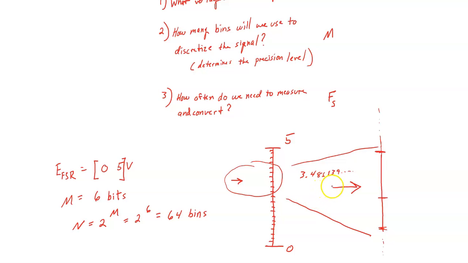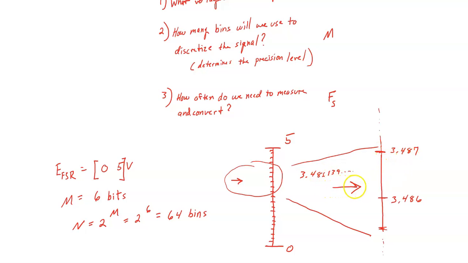These decimal places will go on forever. And here we might have some value that is 3.485, let's say I want to do this right, 3.486, and this is 3.487, and so you can see that this is 3.4861, so it's much closer to 3.486 than it is to 3.487.